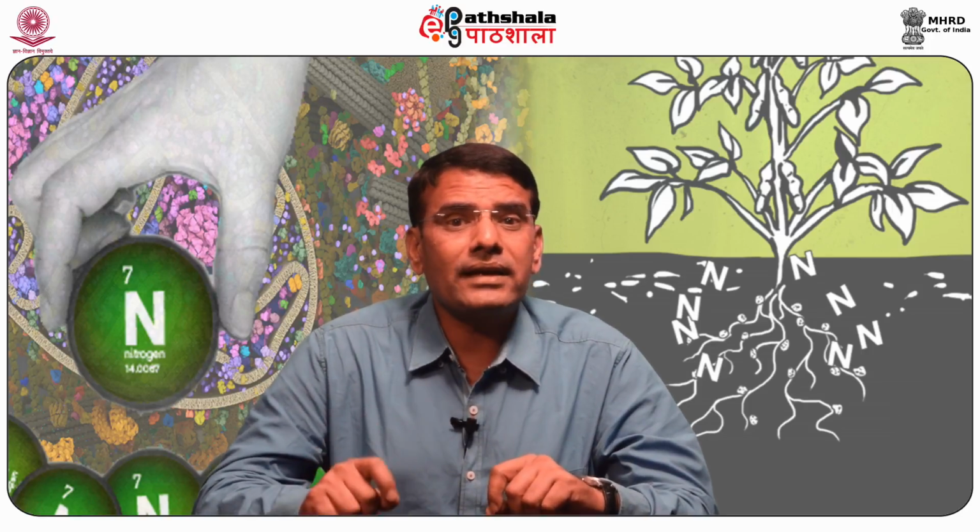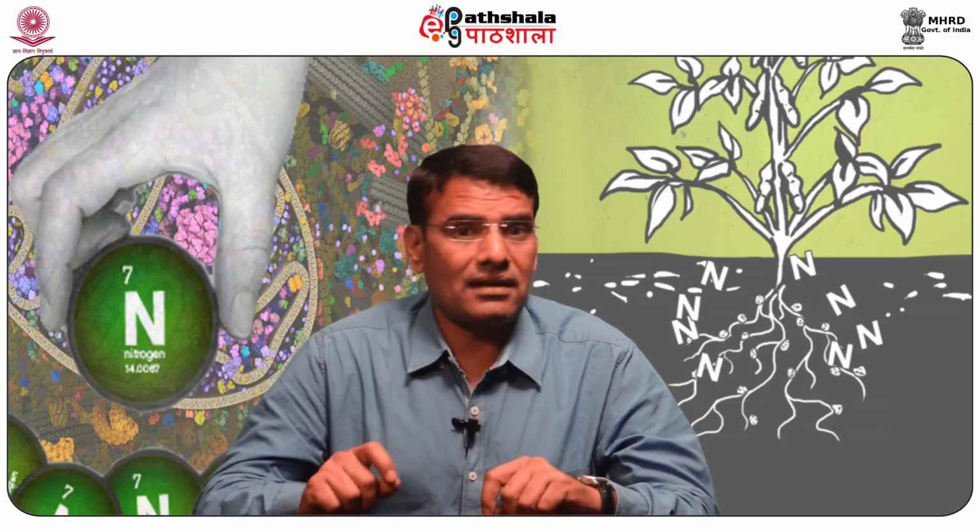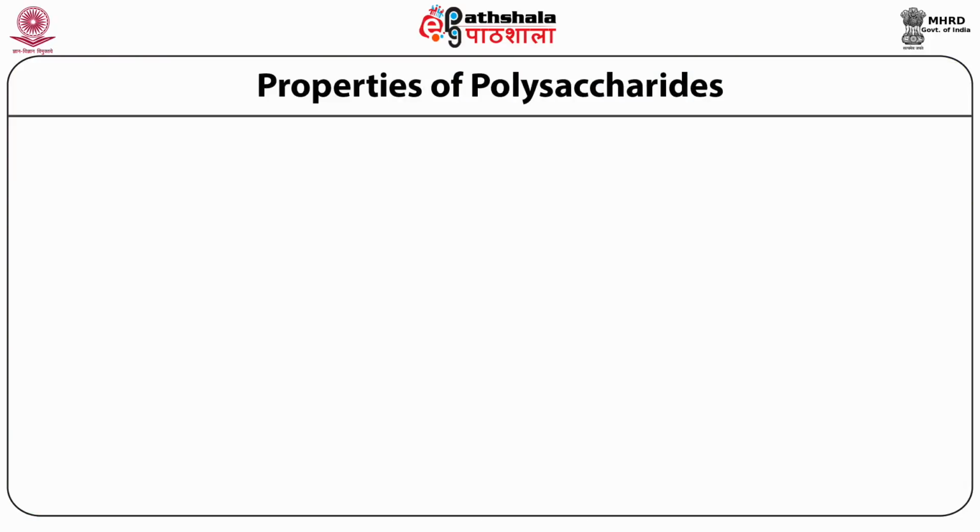Glucose polysaccharides are glucans, fructose polysaccharides are fructans, and polysaccharides made up of mannose and xylose are called mannans and xylans respectively. Some polysaccharides contain units that are derivatives of monosaccharides, for example, chitin. Properties of polysaccharides.